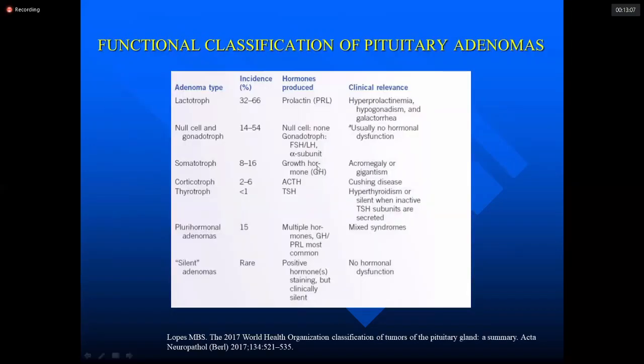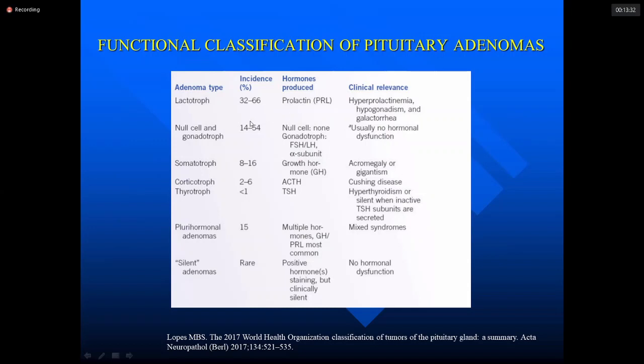So according to the functional classification of these adenomas, they may be prolactin secreting in most of the cases, in 66% of the cases. And that will present, as we will mention later, with hyperprolactinemia and galactorrhea, and it will result in hypogonadism as well.